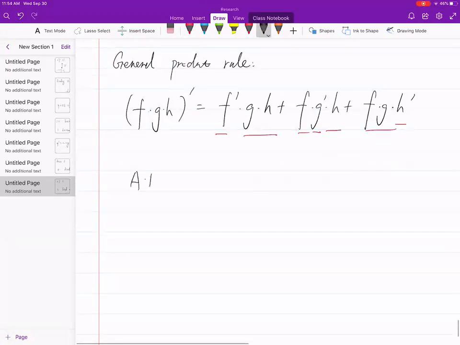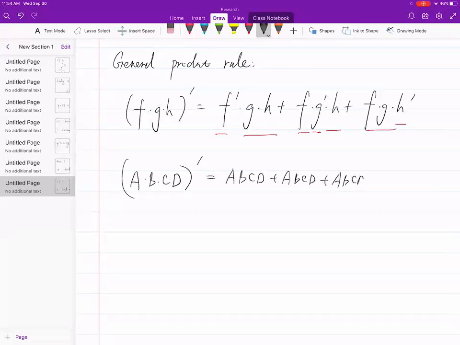Quick example, what if you have 4? I'm going to use A, B, C, D, okay? I don't want to create other symbols. Now you know it's basically repeating this one for 4 times. And remember, each time you only take the derivative of one of them, keep all the rest.